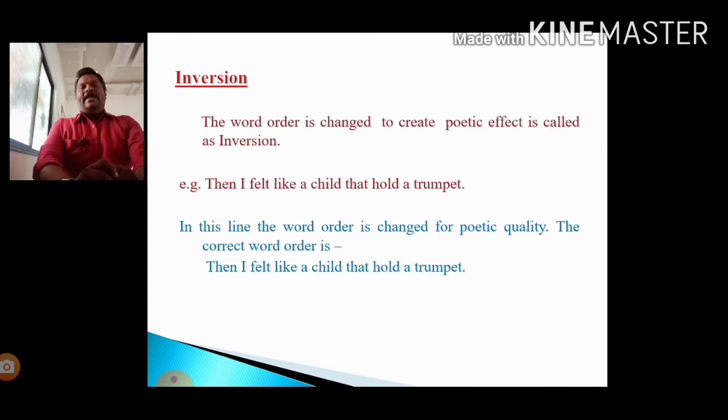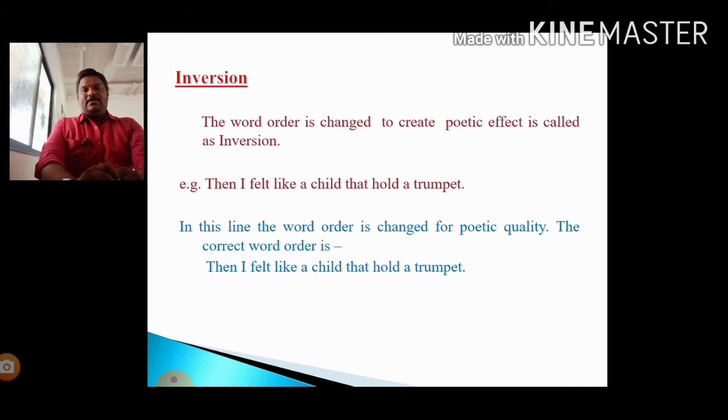"Then I felt like a child that hold a trumpet." I would like to read once again the line of the poem. In this line, the word order has been changed. But the purpose, we should understand, is to bring poetic touch or poetic quality.